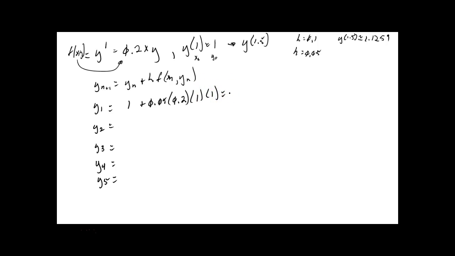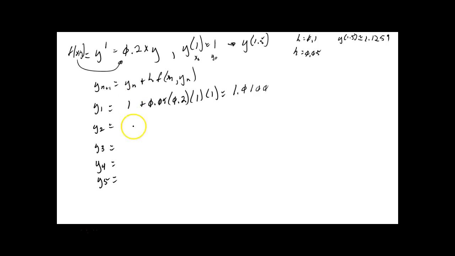The only thing that's changed now is that step size, and I think I can do this one almost in my head. This will be 1.0100. I believe that's right. That's your y1, right?